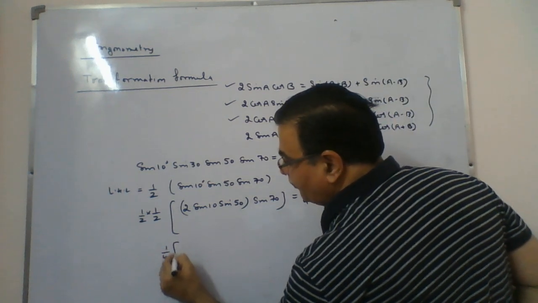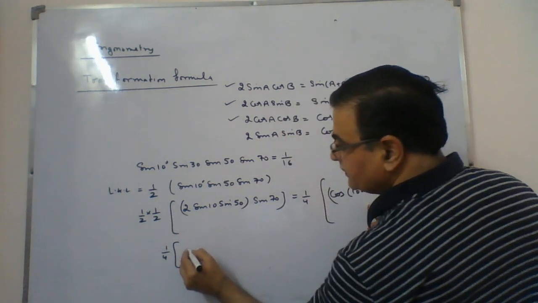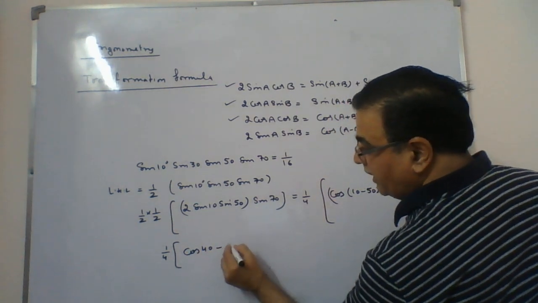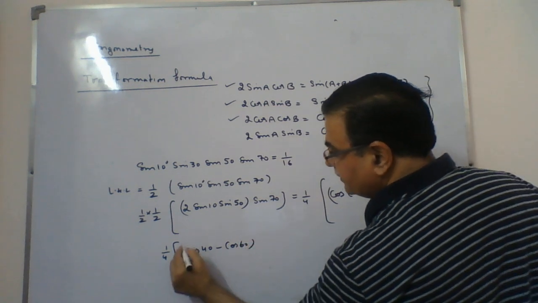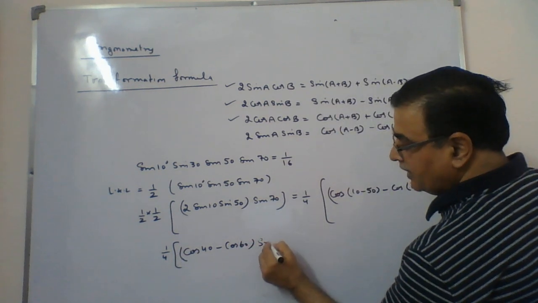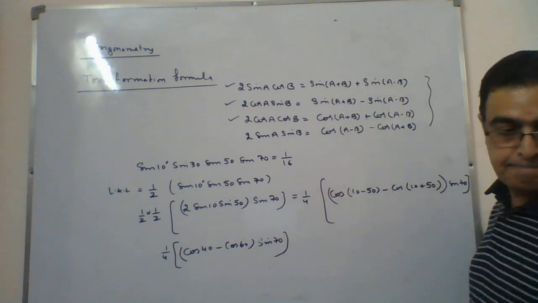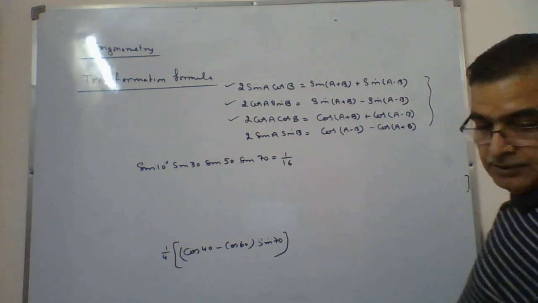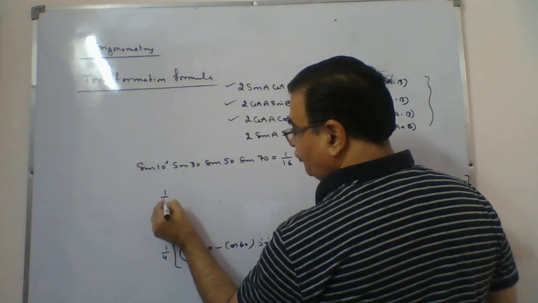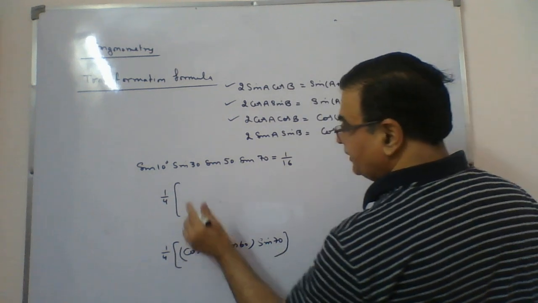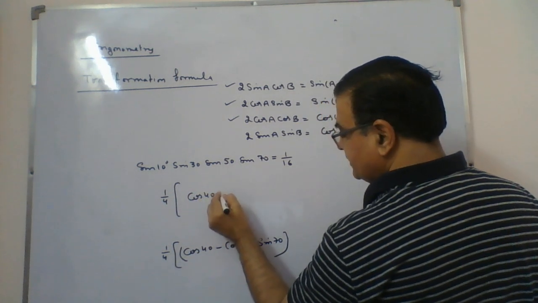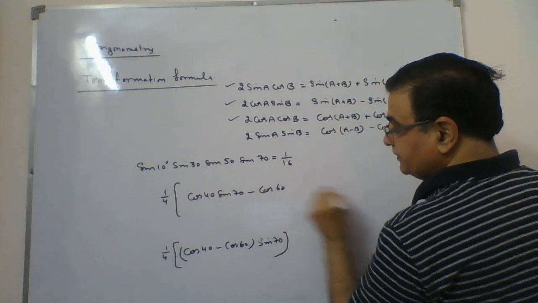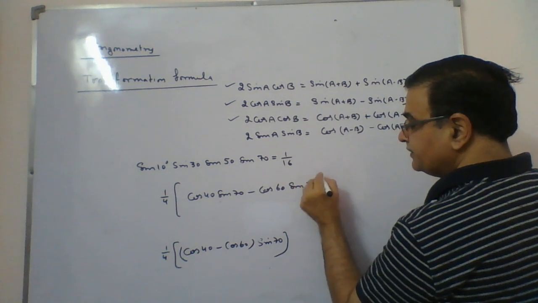Now when you solve it, it will be 1 by 4. Cos of minus 40 comes out to be cos 40, minus cos 60. And then sine of 70. Now when you solve it further, 1 by 4, then it comes out to be cos 40 sine 70 minus cos 60 sine 70.